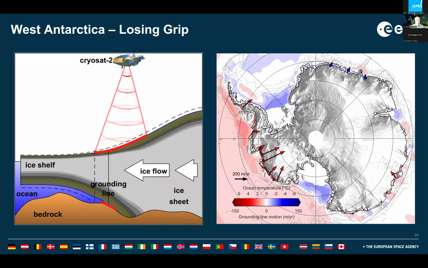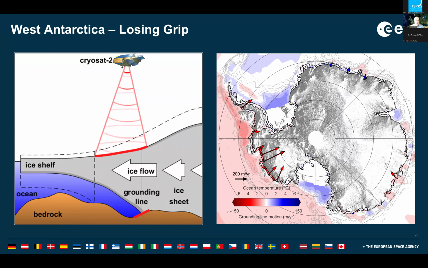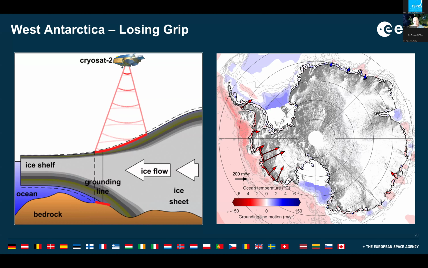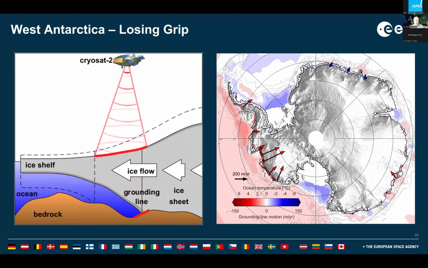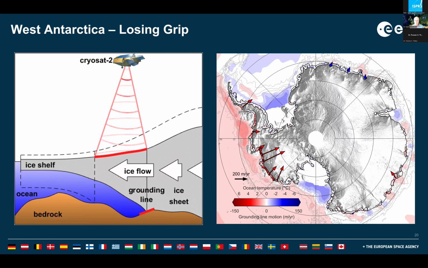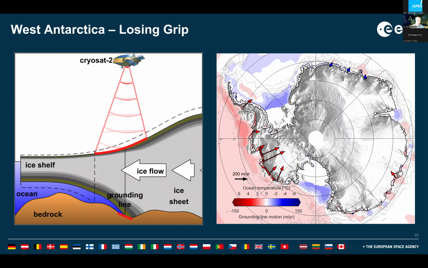Now, one of the factors which is now understood to be responsible for this recession in the grounding line and the thinning and retreat of that grounding line location are the locations around Antarctica where circumpolar deep water and warm water comes up in contact with the base of the ice shelves and at the grounding line location.